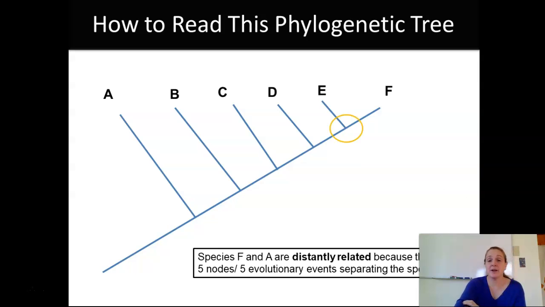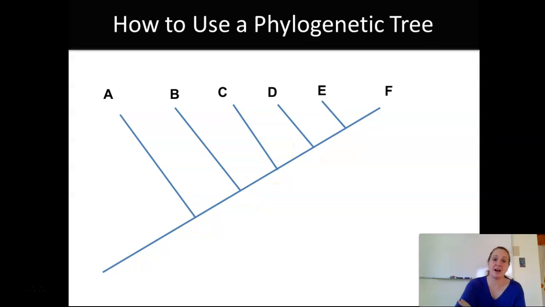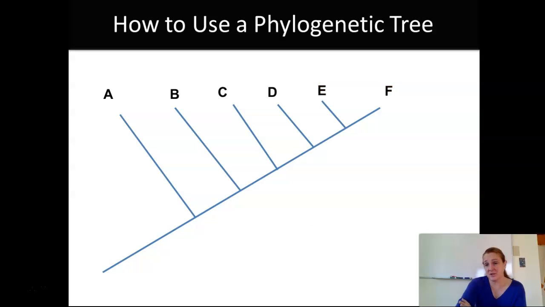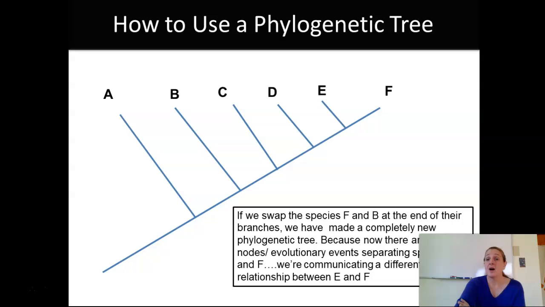Species F and species A are distantly related because look at how many nodes, how many speciation events have happened separating species F and species A. If we swap species E and F here at the end, we're still communicating the same information because they're still sharing that same node. But if we swap species F and species B, now we have rearranged the evolutionary events. Now we're communicating a very, very different relationship between the species on this phylogenetic tree.